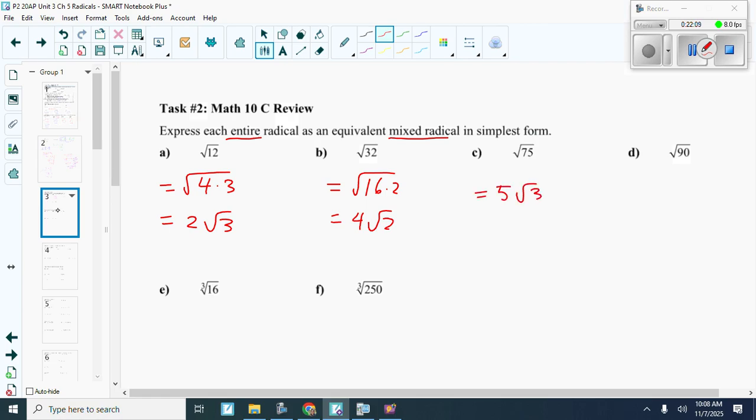If you can do that, you're okay to do that. If you'd like to write the middle step, please write the middle step. I'm giving you a little bit more freedom to do some of the mental math. And then remember your perfect cubes.